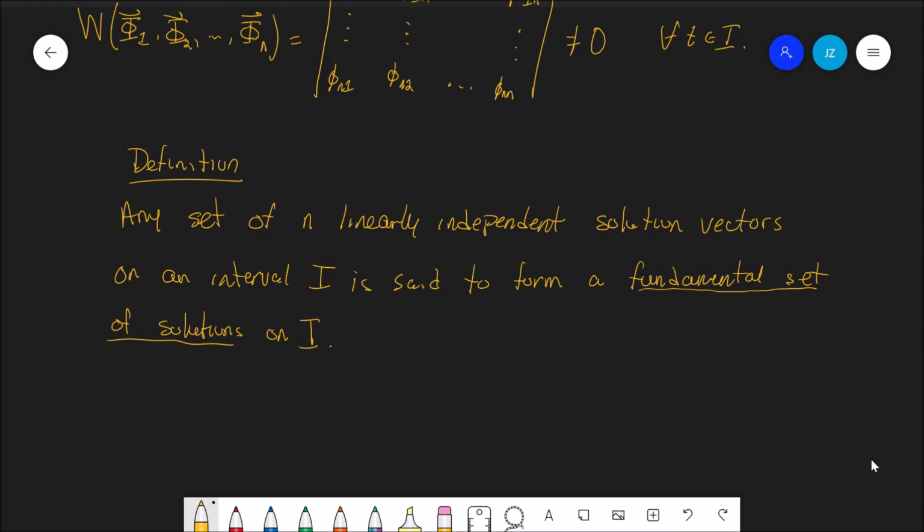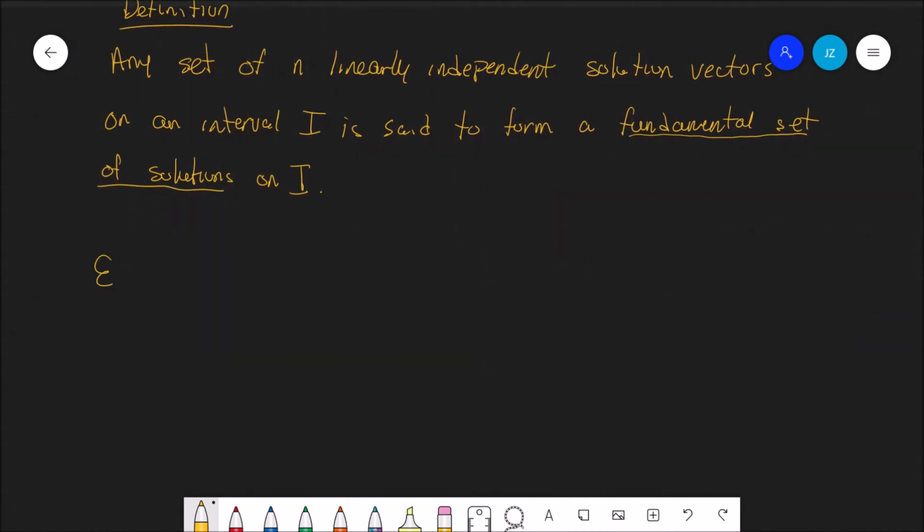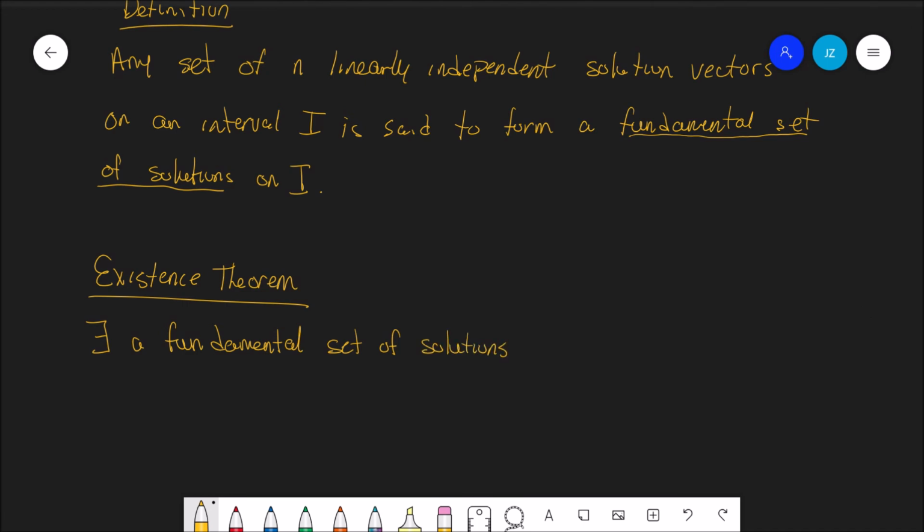The existence theorem for this states that there exists a fundamental set of solutions for the differential equation system x dot equals Ax on an interval I. So this theorem guarantees that any system of equations will have a fundamental set of solutions over some interval.